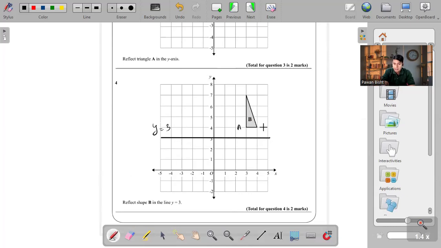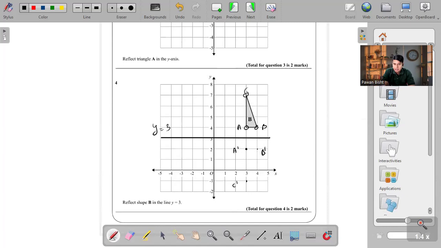So let it be A, B, and C. Mark its coordinates here. The A coordinate is 1 unit above, so this will be 1 unit below, A dash. This is 1 unit above, 1 unit below, B dash. And 1, 2, 3, 4 units up from here, 1, 2, 3, 4 units down.